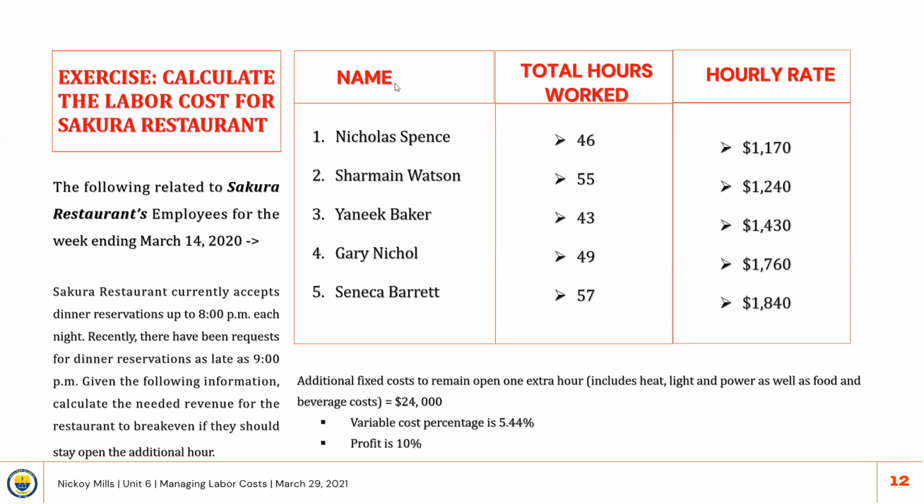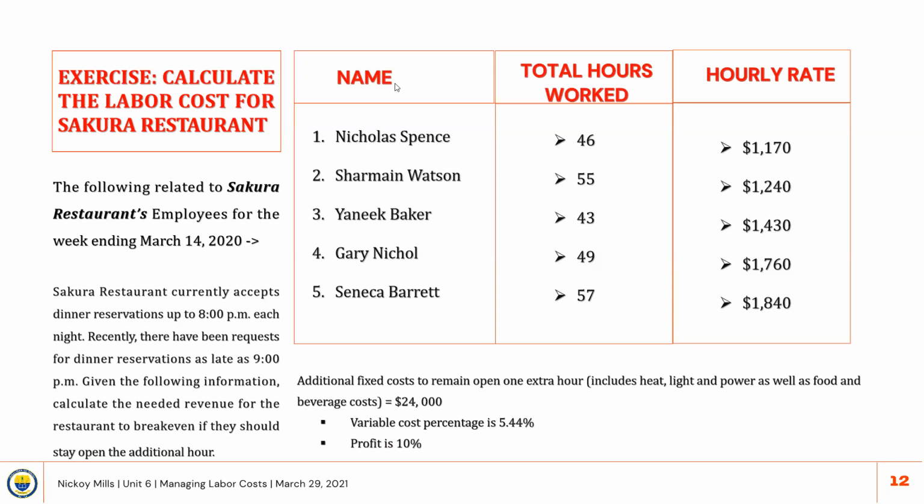Gary worked 49 hours at $1,760 per hour. And Seneca worked 57 hours at $1,840 per hour. And you are required to calculate the gross wages, the total deductions, and the net pay for each of the employees.